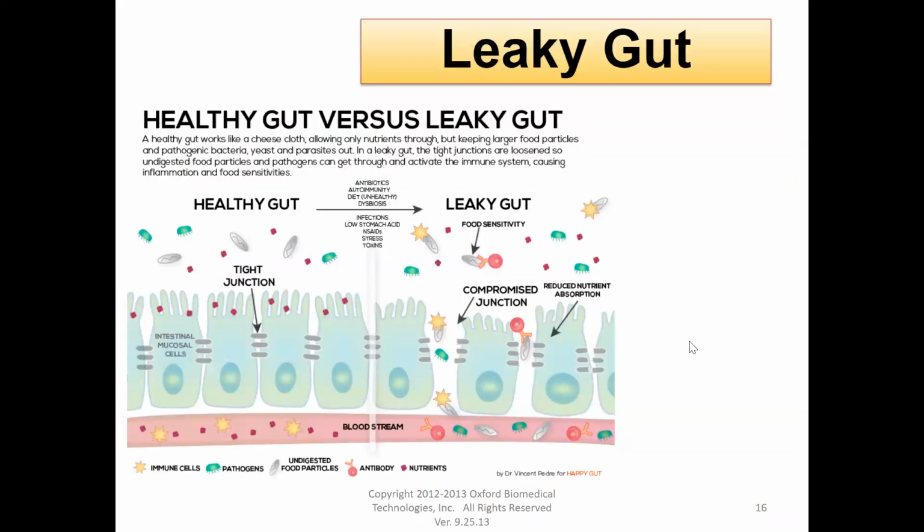So again, this just gives you a snapshot of what happens when the gut becomes compromised, or what we refer to as a permeable or leaky gut. So this is a healthy gut, right? This is the intestinal lining. These are tight, nothing's getting in. Over time, what happens?